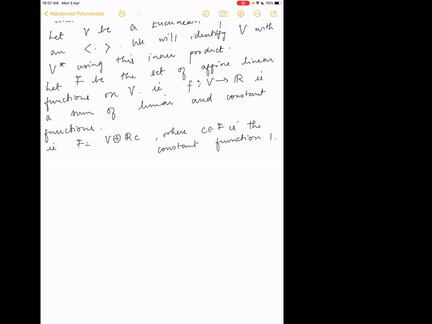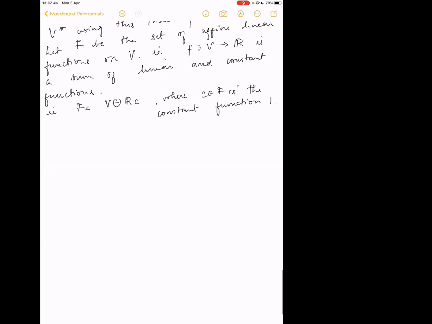For any f in F, we can talk about df, which is called the gradient of f, which is basically the projection onto the first factor.